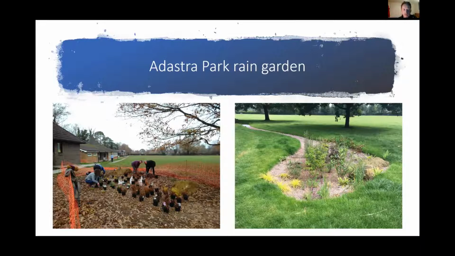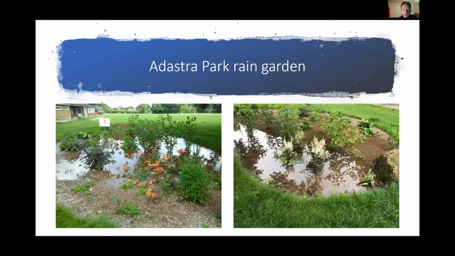So that's one of the key concepts here, and this is what it looks like after a heavy rainfall event. So these two pools either side fill up with water, the water that otherwise would be rushing into the surface water system, and very gently and slowly drains away over the course of a couple of days.